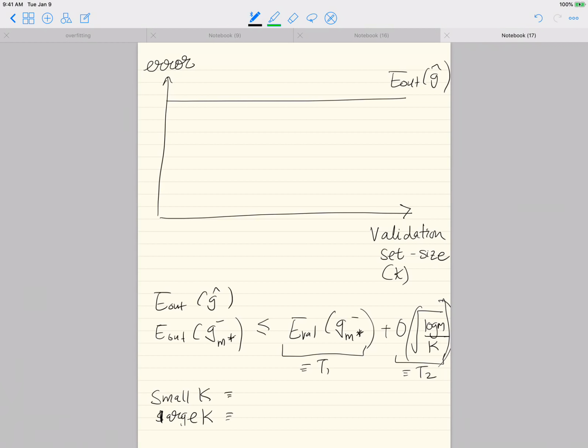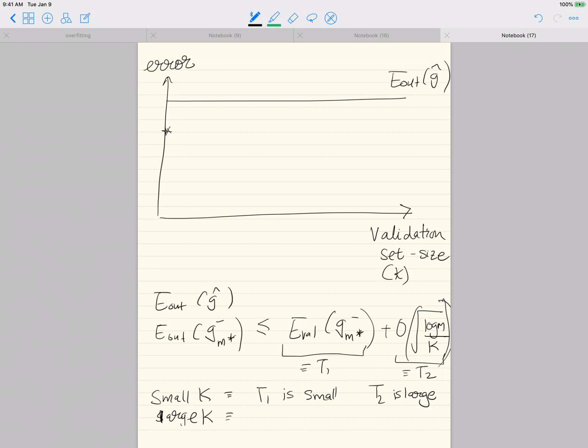So you're training the hypothesis on a rich enough set, and you will have a good output. So G M minus, these outputs will be good. And so E val is basically obtained by training over a rich hypothesis set. So T1 is small. What about T2? Well, it decreases as 1 over root K. So T2 is large. So initially, you might be, let's say, somewhere here.